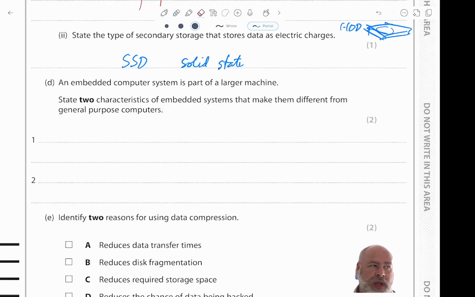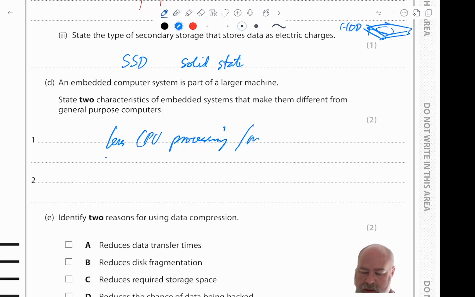So better answers would be less CPU processing, or memory. We could say limited memory, lower costs, they'll be smaller.